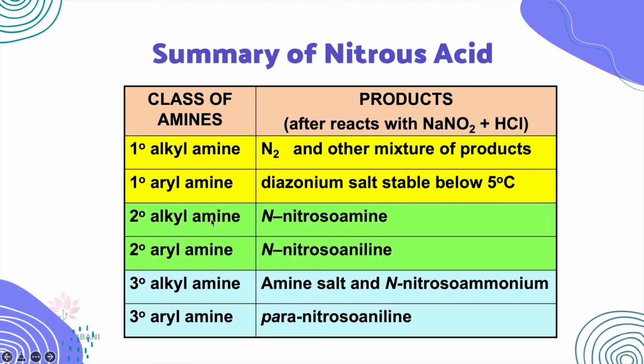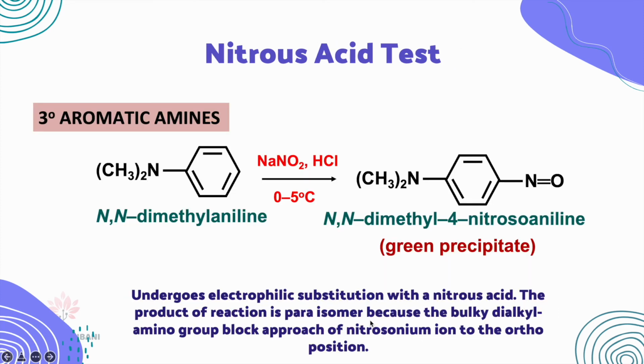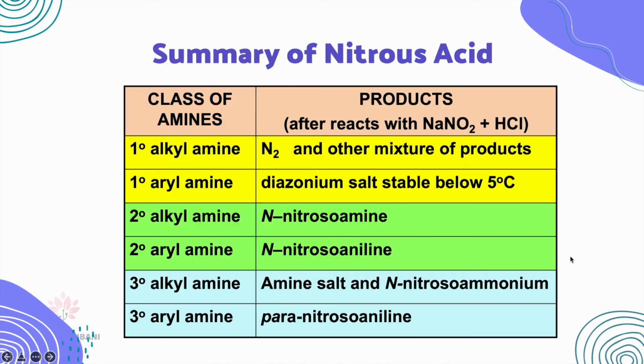Secondary aliphatic amine gives nitrosoamine, and secondary aromatic amine gives nitrosoaniline because it has a benzene ring; both are yellow oil. Tertiary aliphatic amine gives amine salt and N-nitrosoammonium. Tertiary aromatic amine gives para-nitrosoaniline, which is a green precipitate.